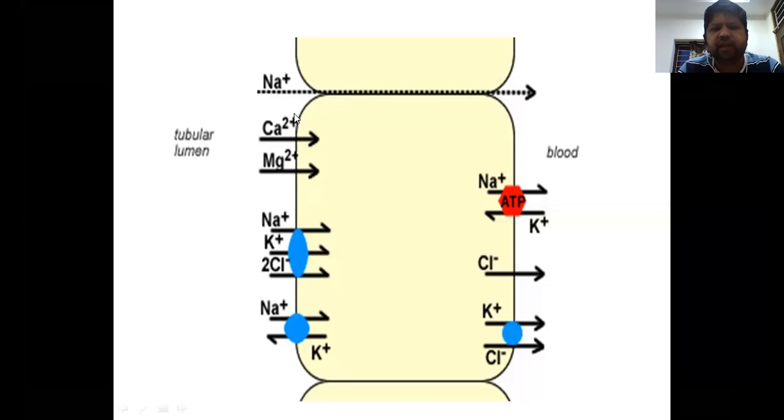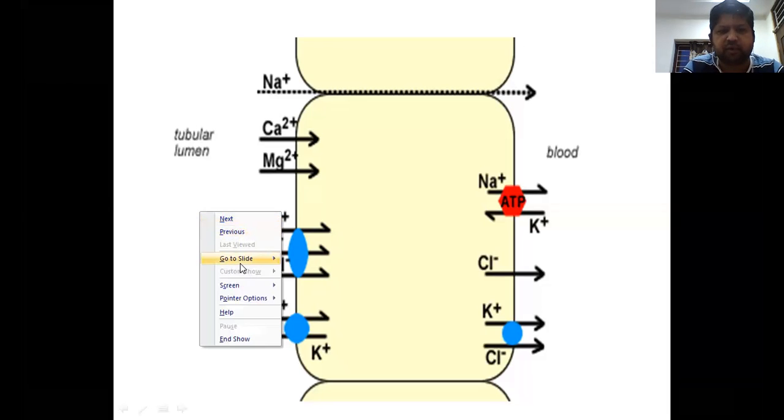Loop diuretics will also increase the elimination of calcium and magnesium. So I told you, this particular transport system, which we call the sodium potassium chloride co-transporter.